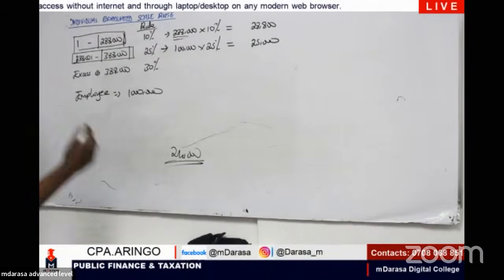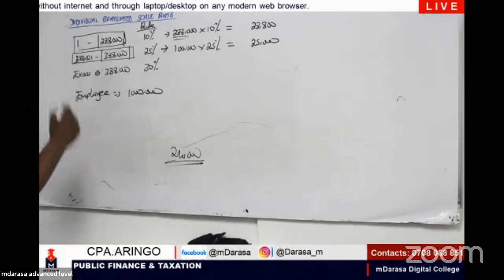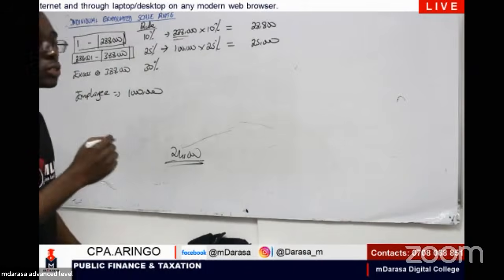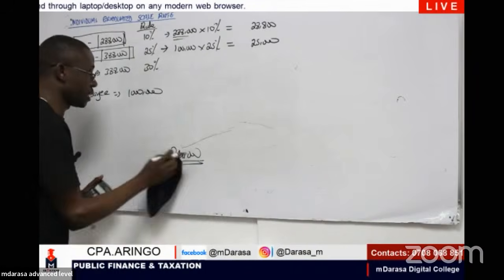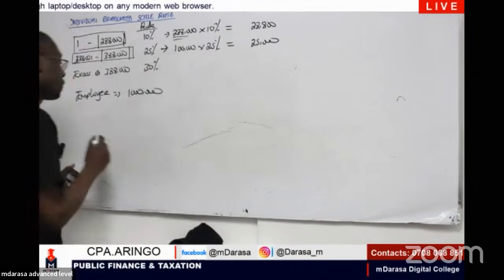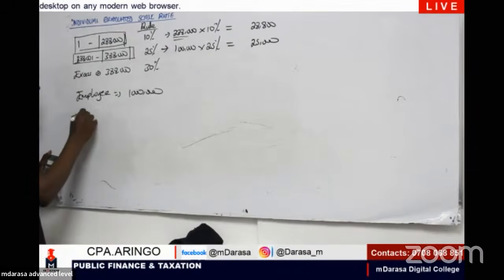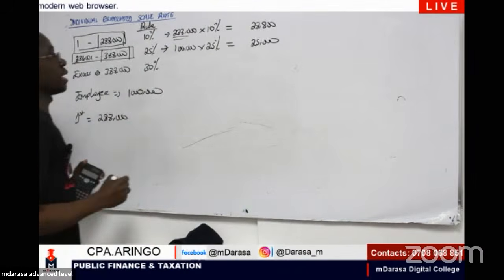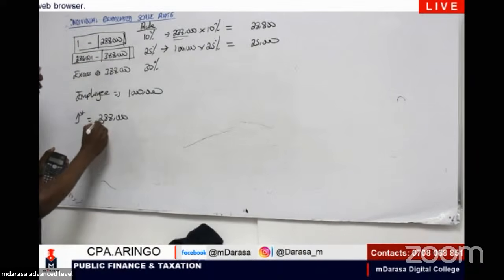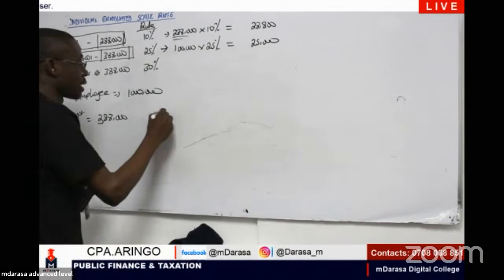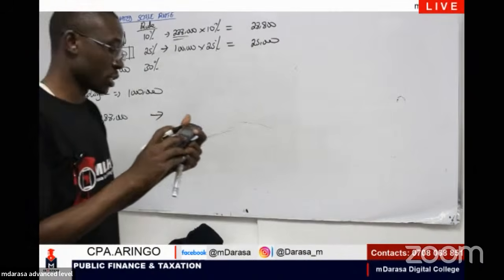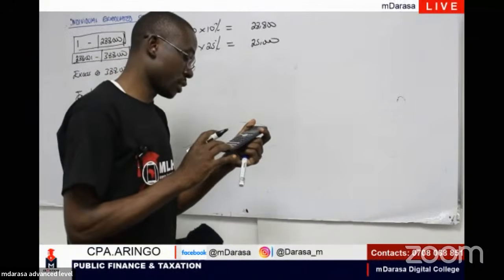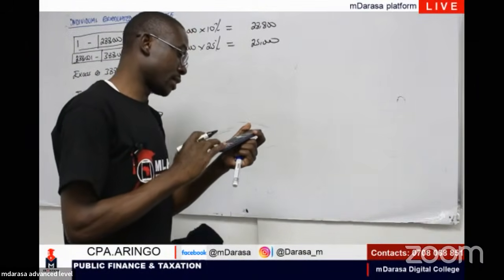So in this context, excess of 388 is 30%. So you can agree and say that the first 388,000, whatever I'm supposed to pay as tax will be 25,000 plus 28,800.